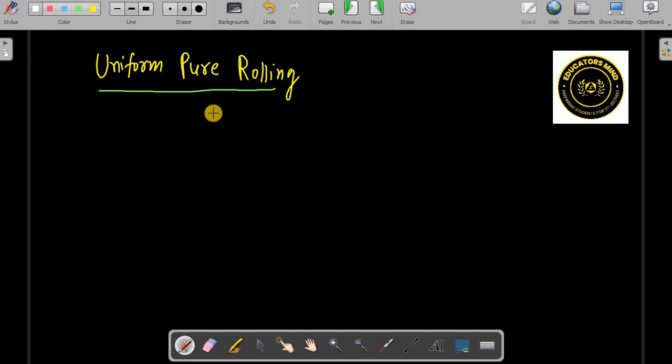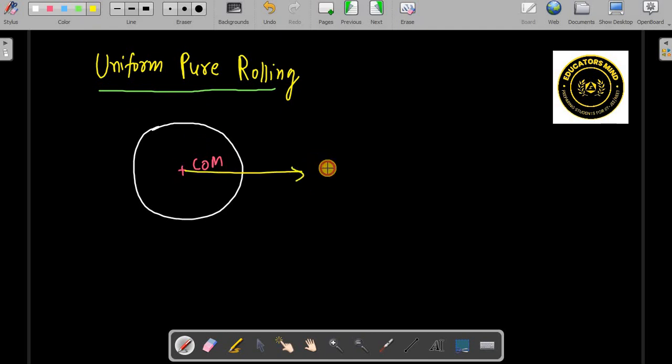So as we discussed already, if this body is pure rolling, this is the center of mass. So the center of mass will have a velocity, V center of mass, and suppose R is the radius of this round object. Also assume that the ground is at rest.